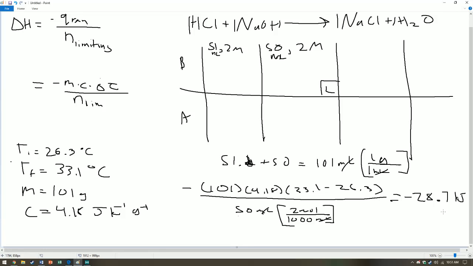But remember, that's in joules per mole, and we want to convert to kilojoules, so just divide it by 1,000, and you get the enthalpy change of reaction is that. Now, the accepted value of this delta H, according to theoretical calculations, is about double that. Now, why is there error in our results? Why are we off by that much?